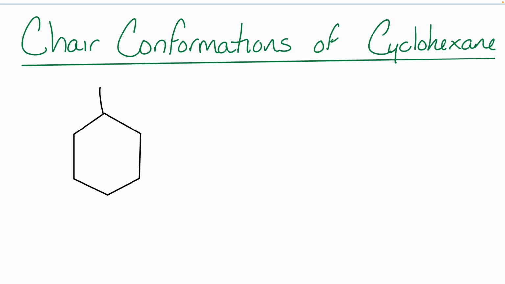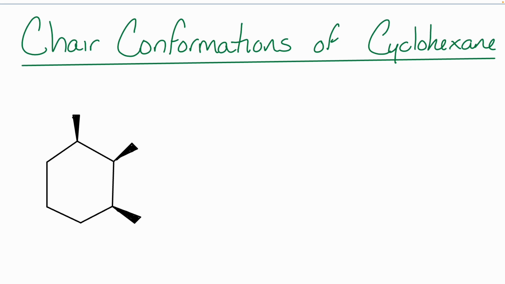All right, so then let's put some methyl groups on here. But just by looking at this molecule here, by looking at this bond line structure, we're not getting all of the information about this molecule, because it turns out that cyclohexane adopts a very specific conformation we call a chair conformation.